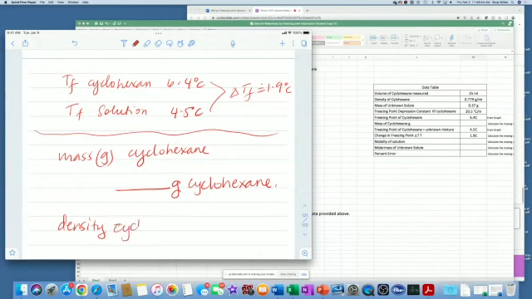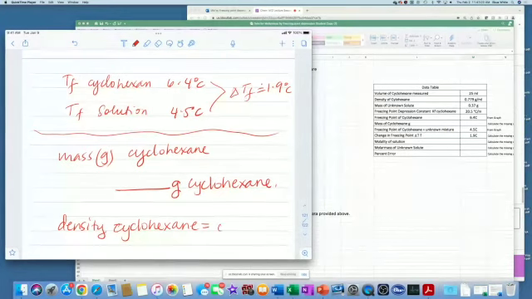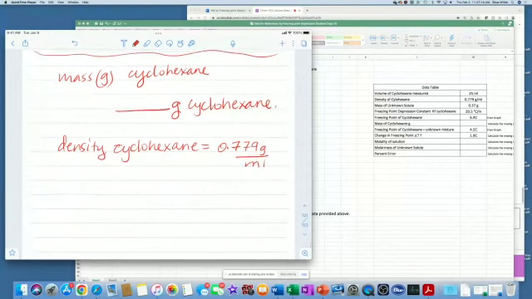Density of cyclohexane. So why are we picking density? Because even though it doesn't have gram only, it does have gram. 0.779 gram per milliliter. We don't want the milliliter part. We just want the gram part.